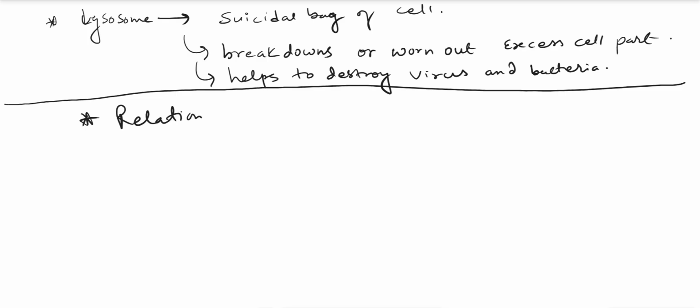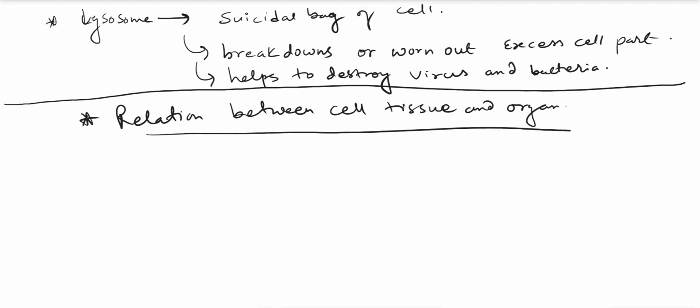In the beginning of the video also I was mentioning the relation. The cell is the basic structural and functional unit of life. When a cell combines with another cell, it will form tissue. So tissue helps to perform the specialized function of the cell.